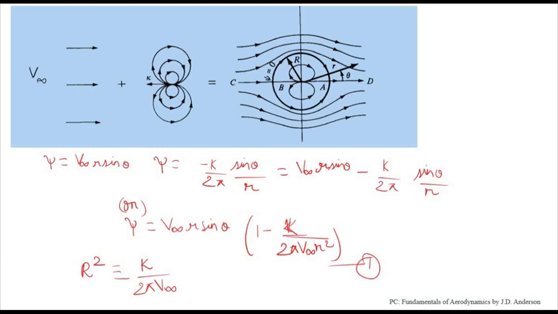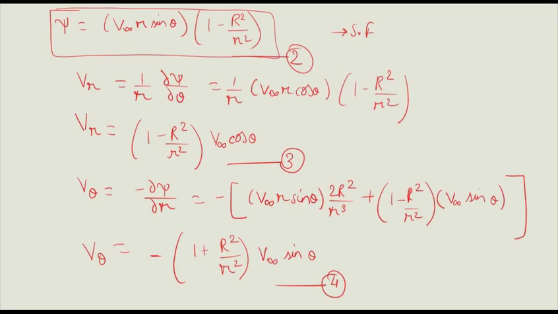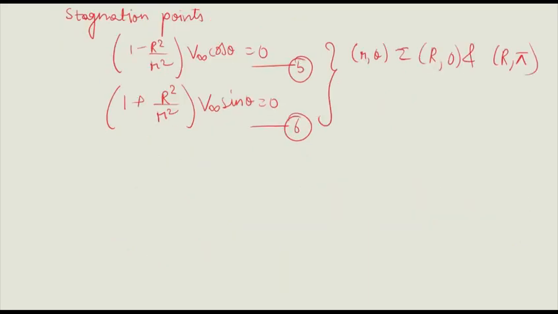Now, the equation of the streamline that is passing through stagnation point B, how can I obtain that? In order to obtain that, we insert the coordinates of B into equation 2. So let us substitute and see what it yields.